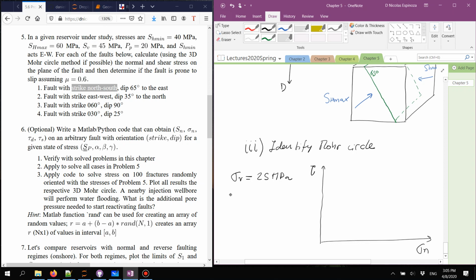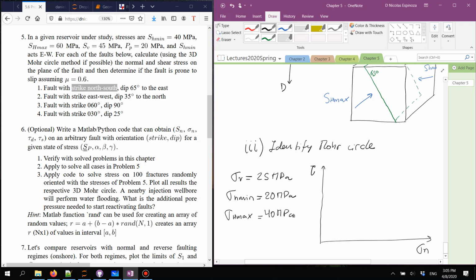and sigma h min is going to be, where is sigma h min? It's 40 minus 20. That's going to be 20 MPa. Although we don't need it for this particular problem, I'm also going to compute sigma h max, which is 60 minus 20 and is equal to 40 MPa.